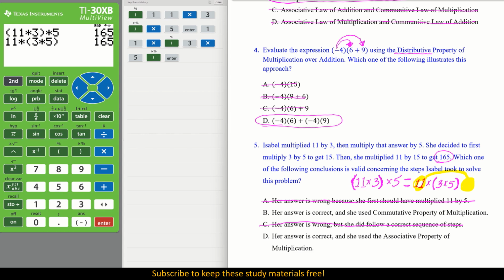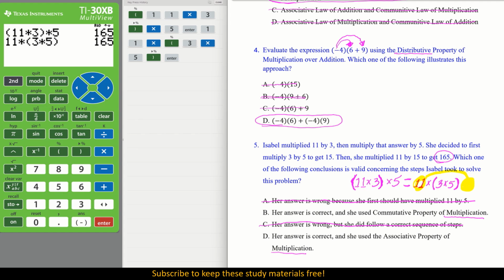Now, let's evaluate what she did. Which operations did she use? Well, I see multiplication only, right? I see commutative property of multiplication for B, but let's look at D. D says her answer is correct and she used the associative property of multiplication. Yes, I see the multiplication. Which one did she use? We just talked, though, about my highlighting I have there.